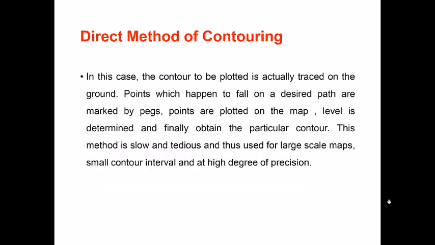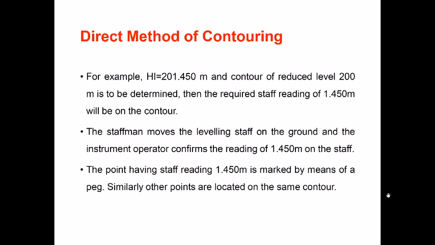So like we discussed, in the direct method the contour is actually traced on the ground. So you try to find out the locations which have a specific reduced level, the reduced level for which you are drawing the contour. So for example, if the height of the instrument with the leveling instrument is 201.45 meters, and the contour of reduced level 200 meters is to be determined, that means you're trying to trace or locate points that have an elevation of 200 on the ground.